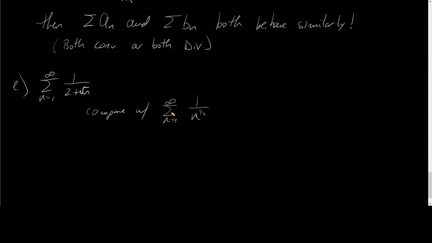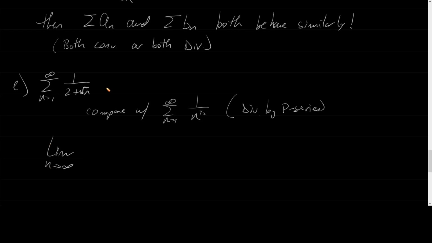We know what that does. It diverges by p-series. So let's figure out what the first one does. Since this one diverges, we have a feeling that the other should diverge too, but we need to prove it. So let's take the limit as n goes to infinity of the ratio of the two.